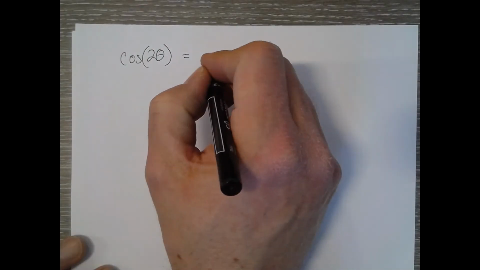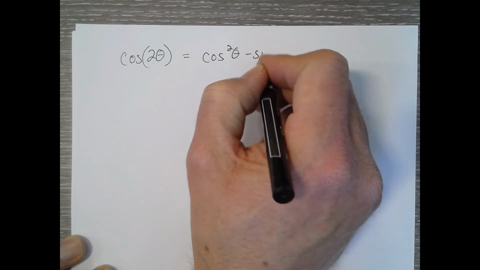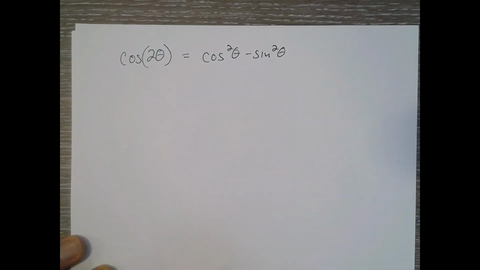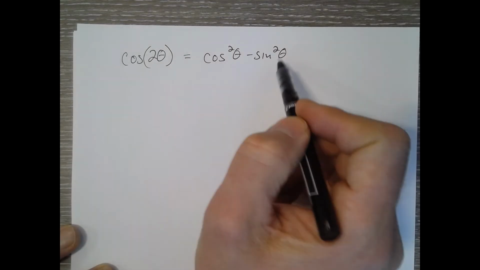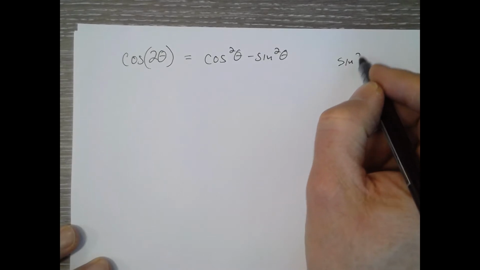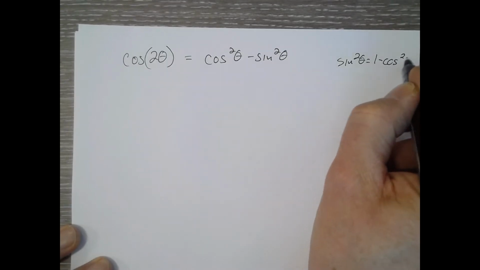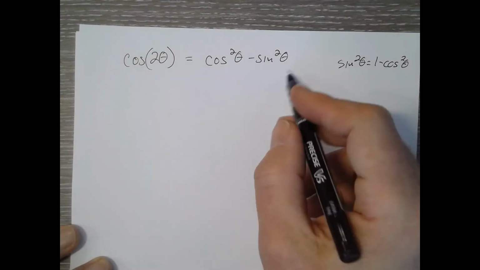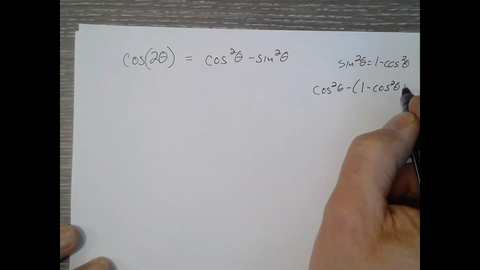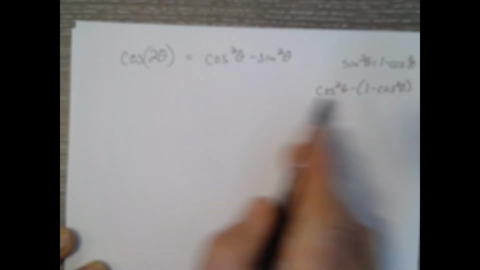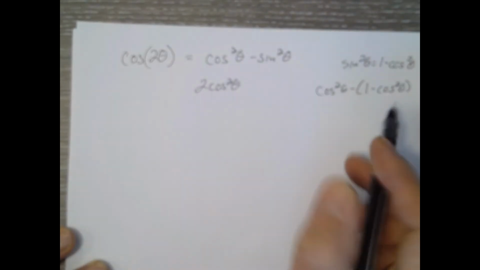But if you start with cosine squared minus sine squared, if you don't want both cosines and sines, maybe you're solving a trig equation that only has cosines in it, you could just rewrite your sine squared as 1 minus cosine squared. So then you could replace that with cosine squared theta minus 1 minus cosine squared theta. So we end up getting 2 cosine squareds and then minus 1. So that's where the second identity comes from.